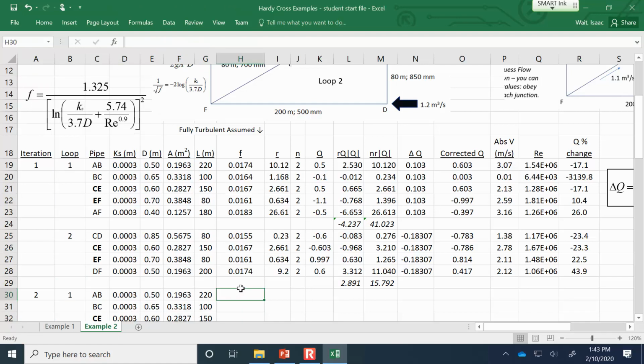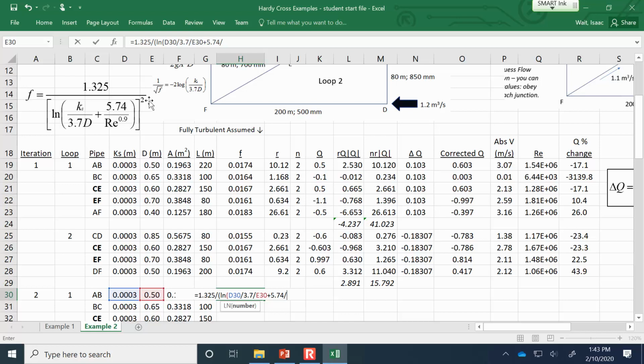Okay, so it is equals 1.325 divided by ln of K sub S divided by 3.7 divided by D. And now we are going to do the right side of the equation, so plus 5.74 divided by the Reynolds number.